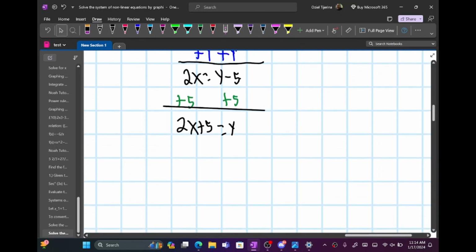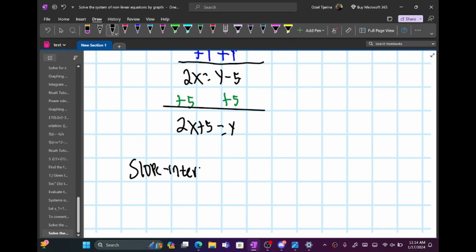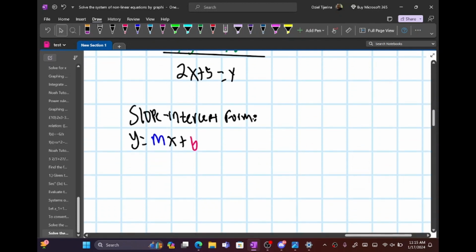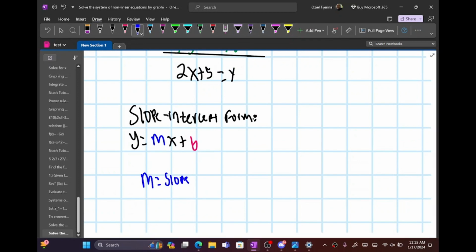So we want to go ahead and label, and remember the slope-intercept form of the equation, guys. I know this is a lot of terminology, but I really want to make sure we're set up for success. It is y equals mx plus b, where m is your slope, and b is the y-intercept.